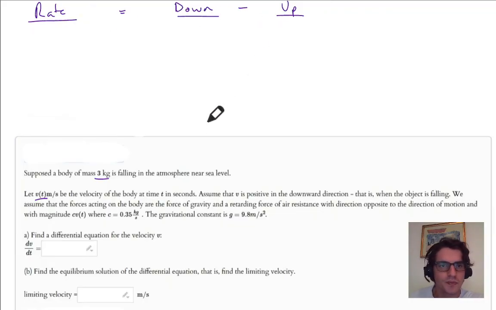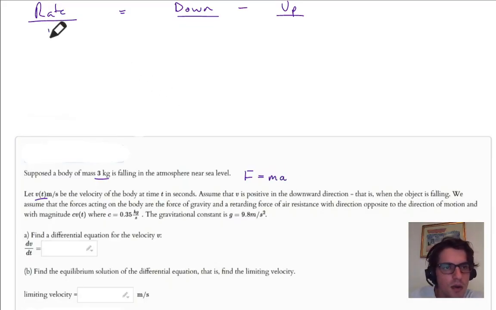Okay. Down minus up. And we assume that the forces acting on the body are the force of gravity and a retarding force of air resistance with direction opposite to the direction of motion. Okay, so we're talking about forces. And I will really quickly remind you that force is equal to mass times acceleration in general.